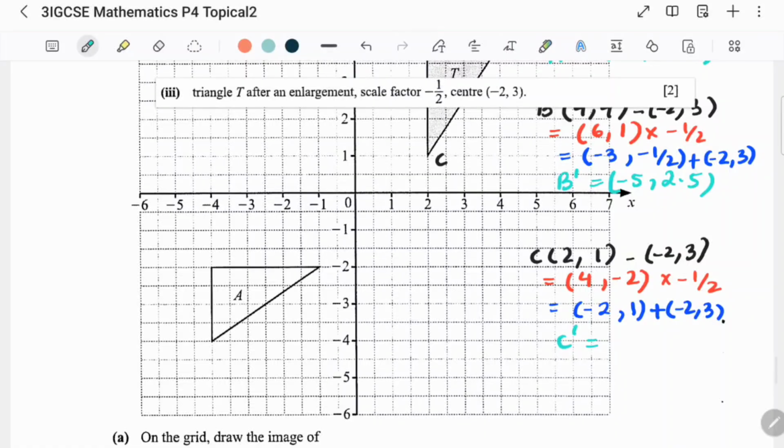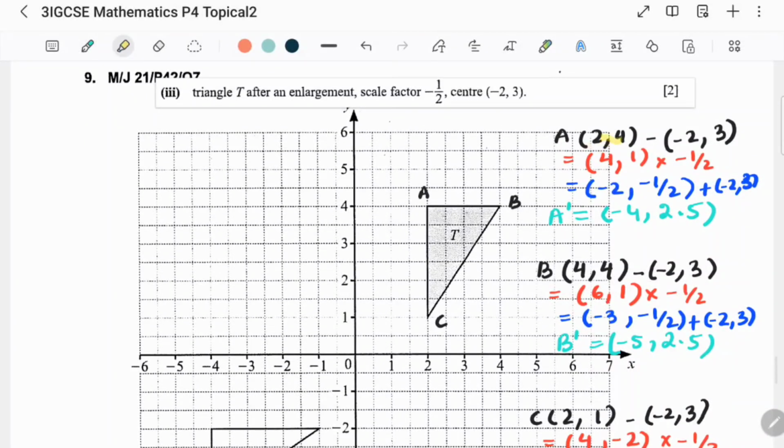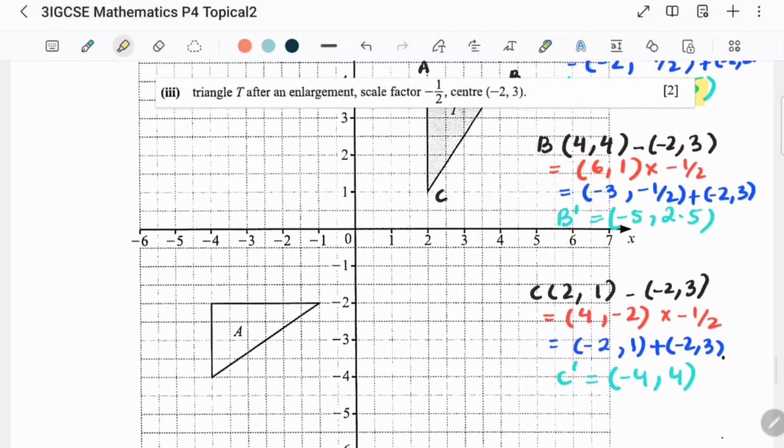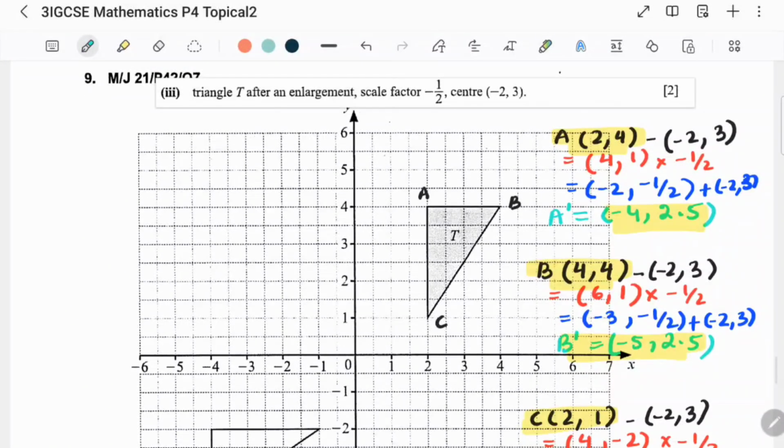Minus 2 will become minus 4, and 1 plus 3 will become 4. So we got the object and image. This is your object and image of A, of B, and of C.